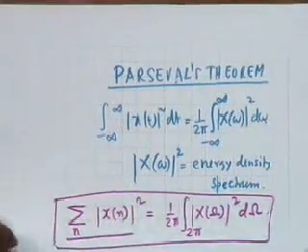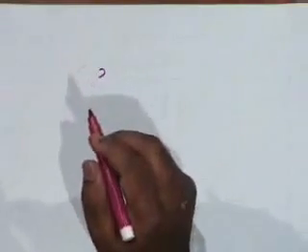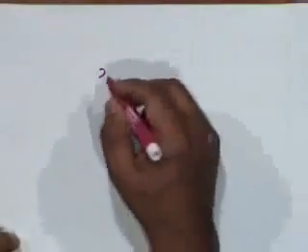On the other hand, if it is a power signal, what is a power signal? Energy goes to infinity, but the power, energy per unit time, is finite. For a power signal, of which the periodic signal is an example, what is the relationship?